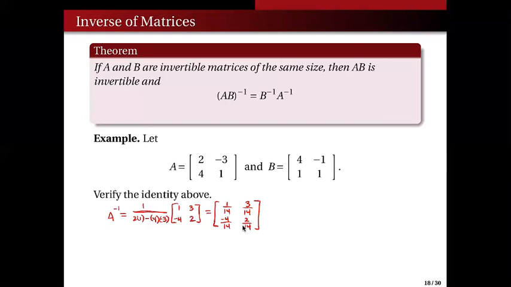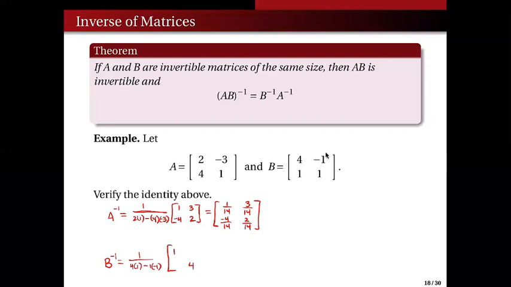The inverse of B, we have 4 times 1 there. So 1 over 4 times 1 minus 1 times negative 1. Then we interchange. So 1, 4 here.